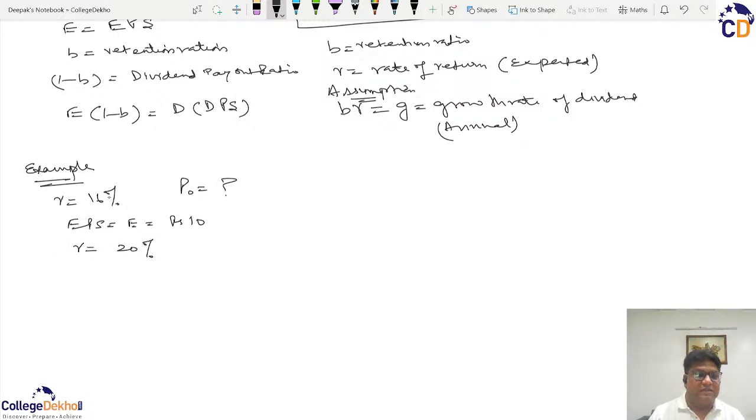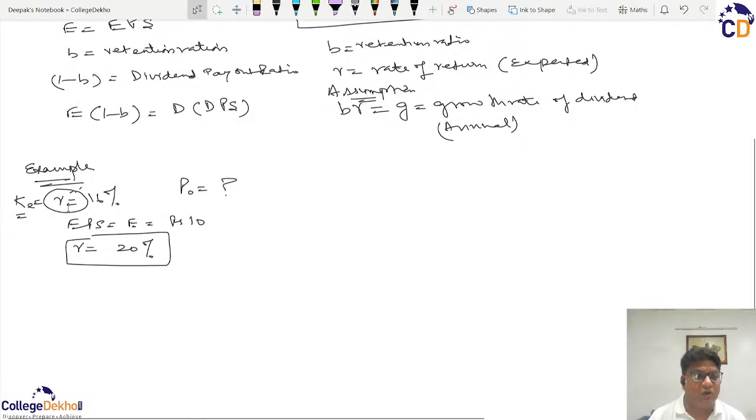If this is the rate of return on the investment, then what is being given to the shareholder will become the cost of equity.